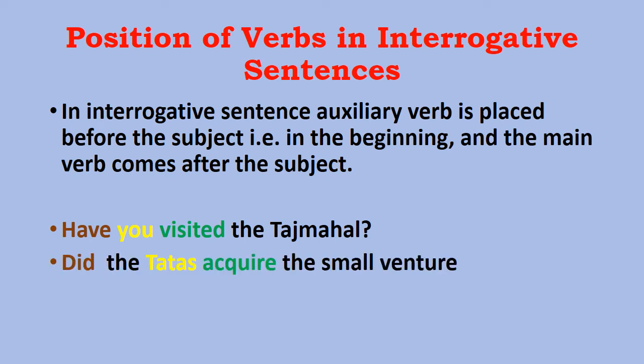Did the Tatas acquire the small venture? Same here, did and acquire are the two verbs wherein did is an auxiliary placed in the beginning of the sentence, followed by the Tatas, which is a subject, and then comes the main verb.